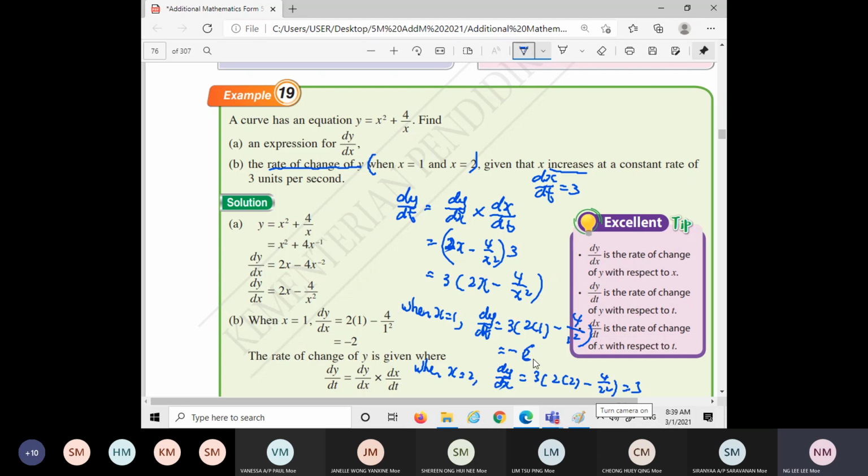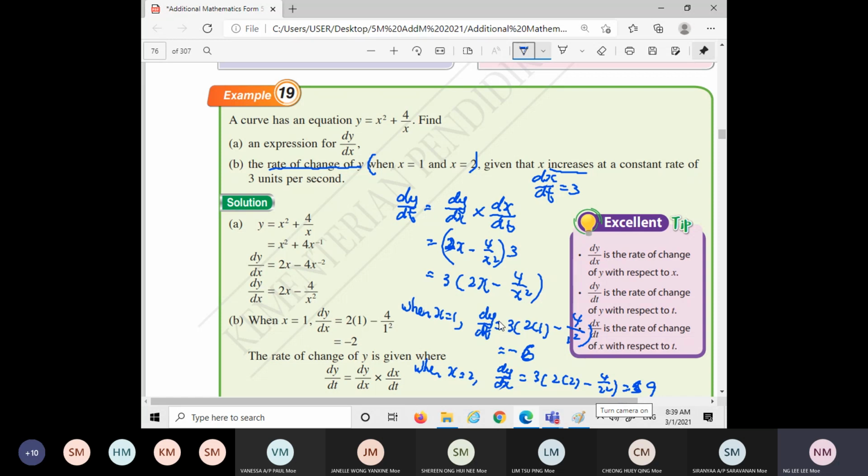Oh, I see, that one is before they times 3. So this one also wrong. This one is 9, correct. Because I did it in one shot, they substitute inside the dy/dx first, only then times 3. I did one shot times 3. So it should be -6 and 9.